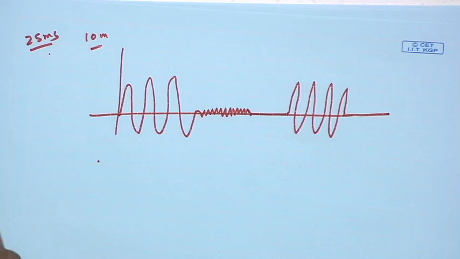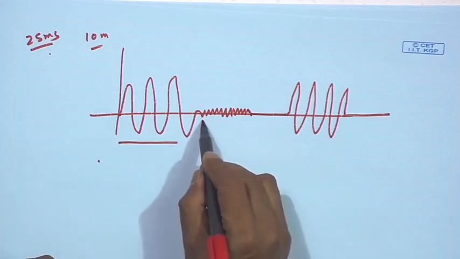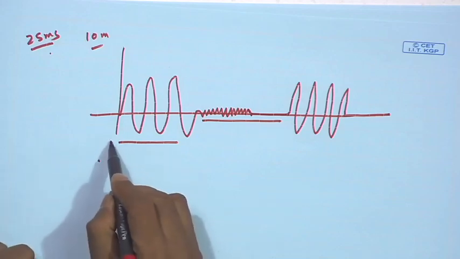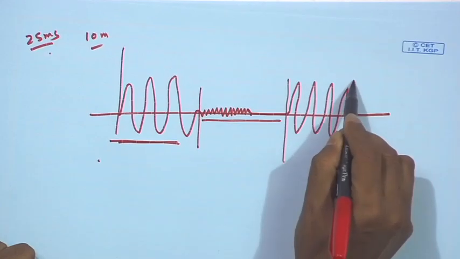Now, suppose anyhow I want to find out which part is the voicing part and which part is unvoiced or silence part. This I want to find out. So, I want to distinguish between these, I want to mark this point and this point.